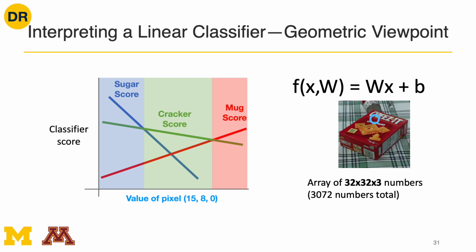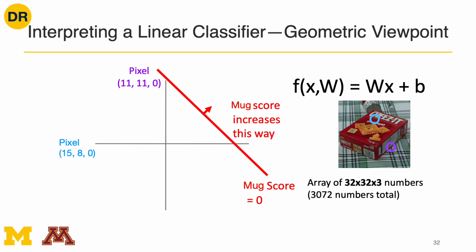An additional extension of this viewpoint that we could use to interpret our models even further is to move beyond one dimension, just considering one pixel. Eventually we can imagine the full high-dimensional space of all the pixels, but instead let's move to a two-dimensional space. Say we show that same pixel 1580 on the x-axis, and then we've picked another pixel, somewhere here in the lower right corner of the image, as the vertical axis.